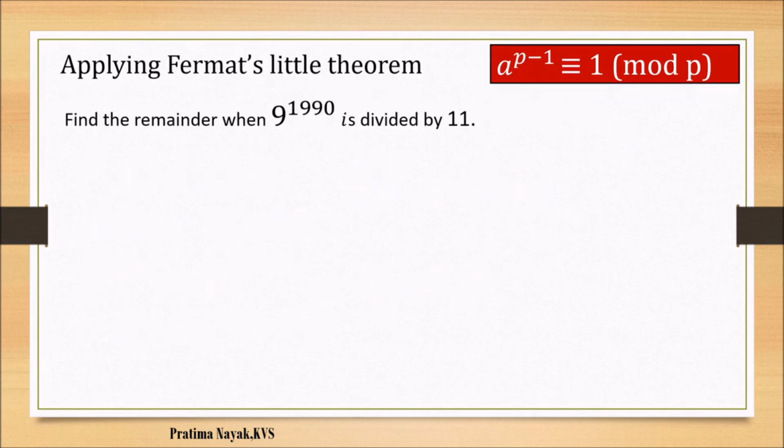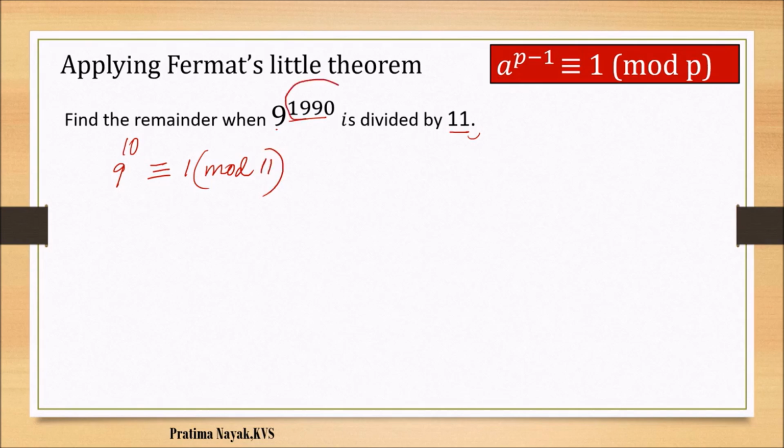Next, find the remainder when 9 raised to the power 1990 is divided by 11. So 11 is a prime number, and 9 and 11 are co-prime. So I can write 9 raised to the power 10 is congruent to 1 modulo 11. That means when 9 raised to the 10 is divided by 11, we get the residue 1.